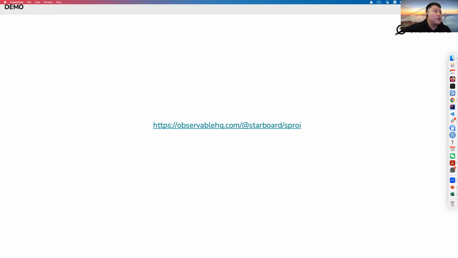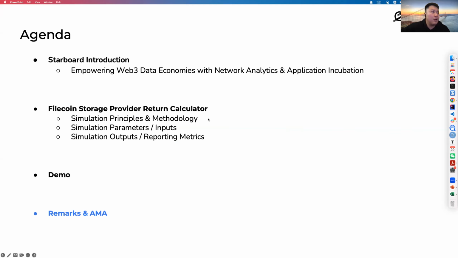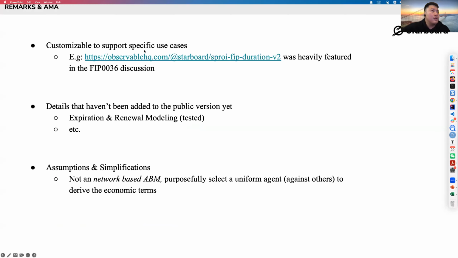I'll jump into the product in a second, but let me make a couple of remarks. As I said, we designed this product from a crypto-economic simulation perspective. People like Stu and the ASPA program added a lot of suggestions to make it SP friendly, but we also customize it to support specific use cases.